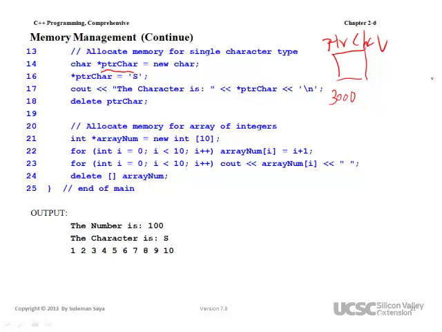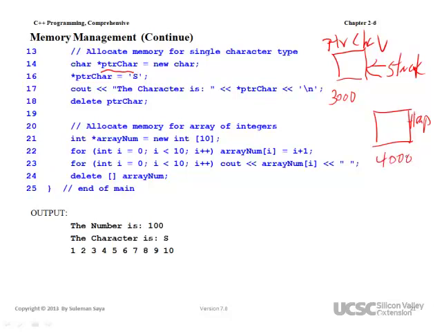Where is it going to be allocated? It will be allocated in the heap. So this memory is on the stack, and this memory is on the heap. Same way this memory will be allocated somewhere and on some address.